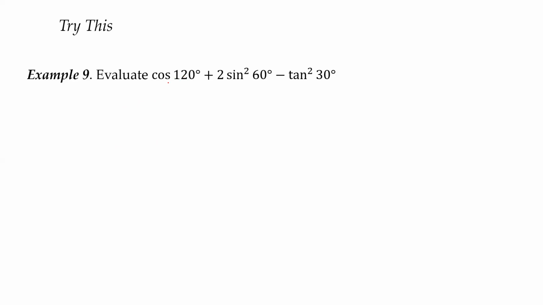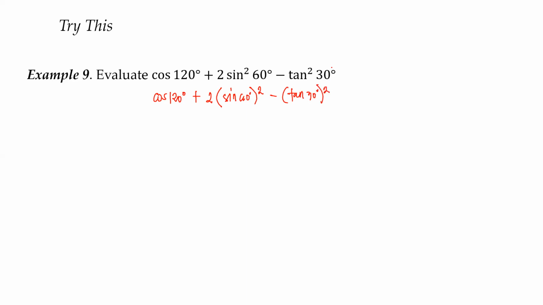Before we find the reference angle of 120 for cosine 120, let us first rewrite sine squared 60 degrees and tangent squared 30 degrees as cosine 120 degrees plus 2 times parentheses sine 60 degrees squared minus tangent 30 degrees squared.